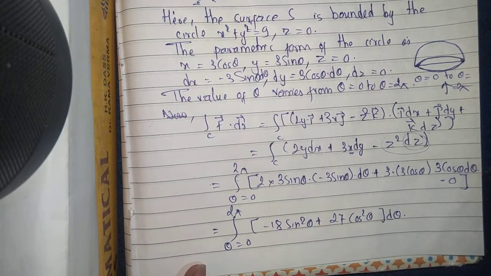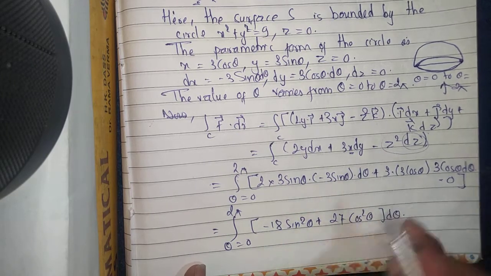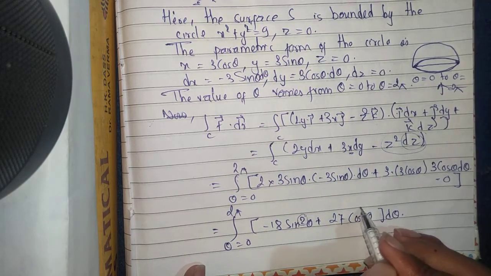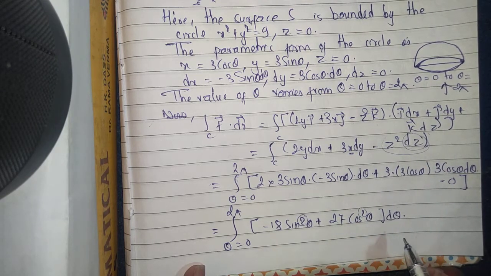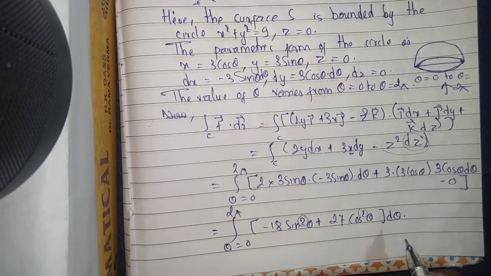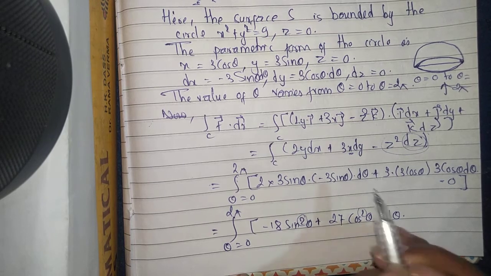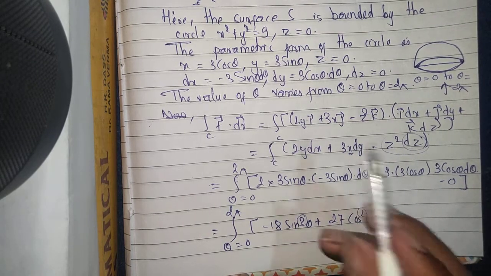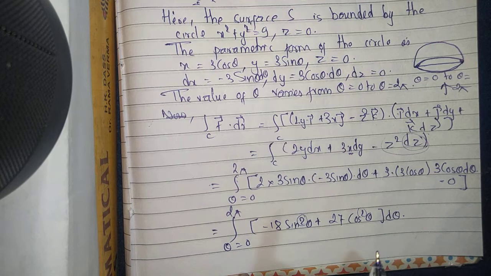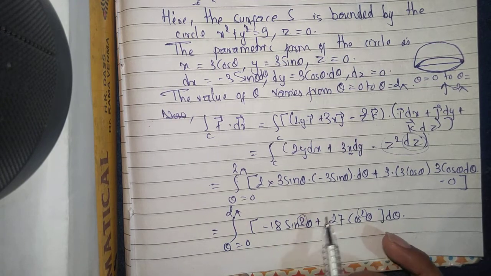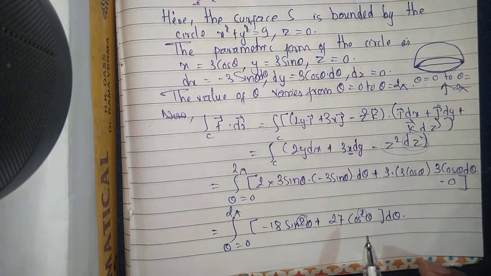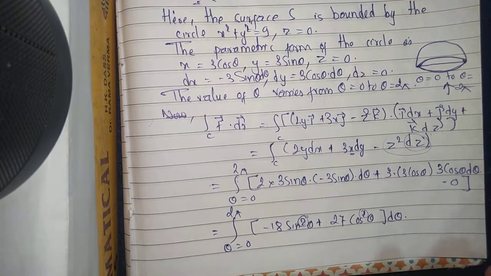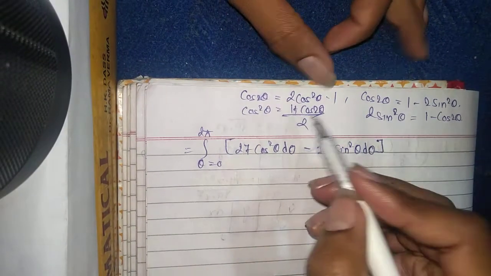Now we know that no integration is done on square form. So in order to simplify it, we have to change it using the double angle formula. Let me repeat once again: integration is not done directly on squares of trigonometric functions, so we change them using the double angle formula.